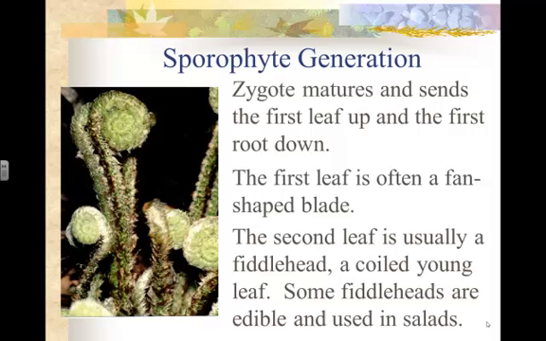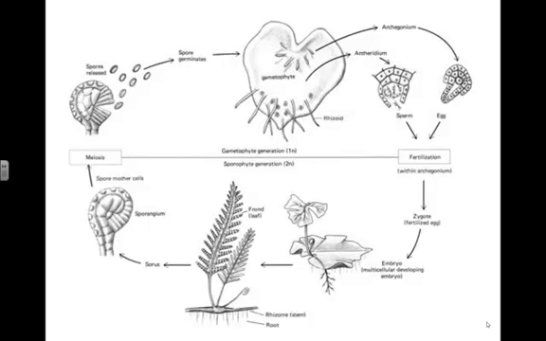And that's how the new leaves of ferns are made. And they're coiled up. Some of them from some of the ferns are actually delicacies in salads in some of your high-end restaurants. And here's again showing you the alternation of generations of the life cycle.